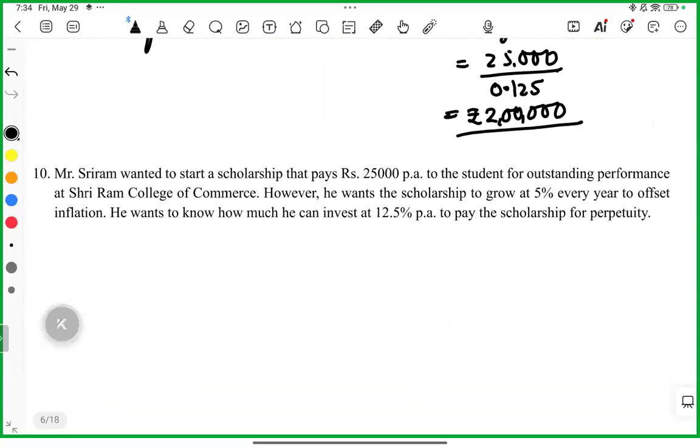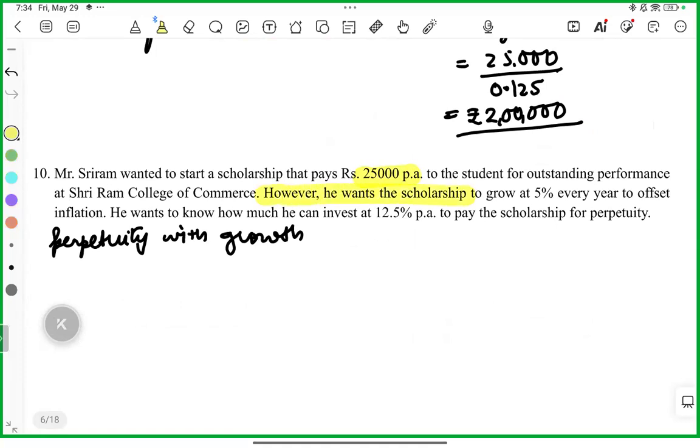Okay. Now, perpetuity with growth. This is also called growing perpetuity. Let us read the example first. Mr. Sriram wants to start a scholarship of 25,000 for outstanding performance. This is important.